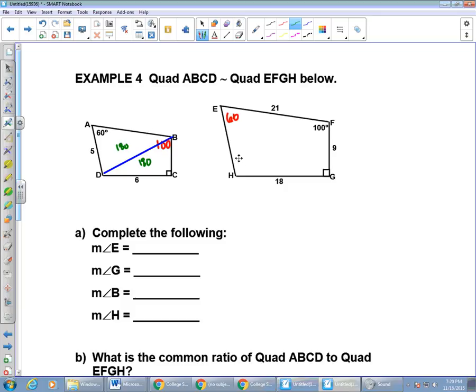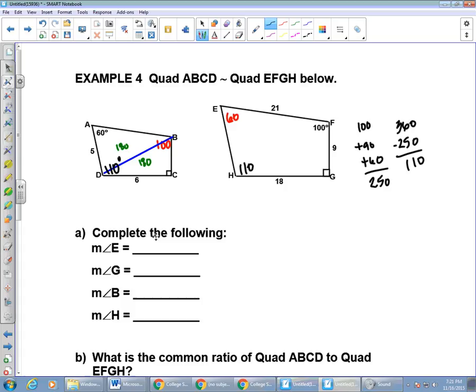If I want to find angle H or angle D, it doesn't matter. I'll start with the big number. 100 plus 90 plus 60 is going to give me 250 degrees. To find the remaining angle, I'm just going to say 360 minus 250, and I know that's 110 degrees. So angle H is 110, and angle D is also 110 degrees.